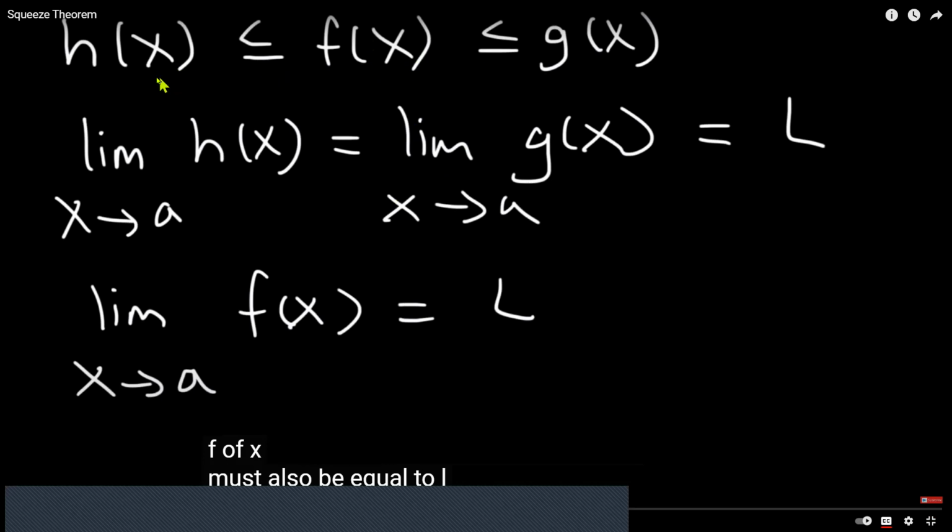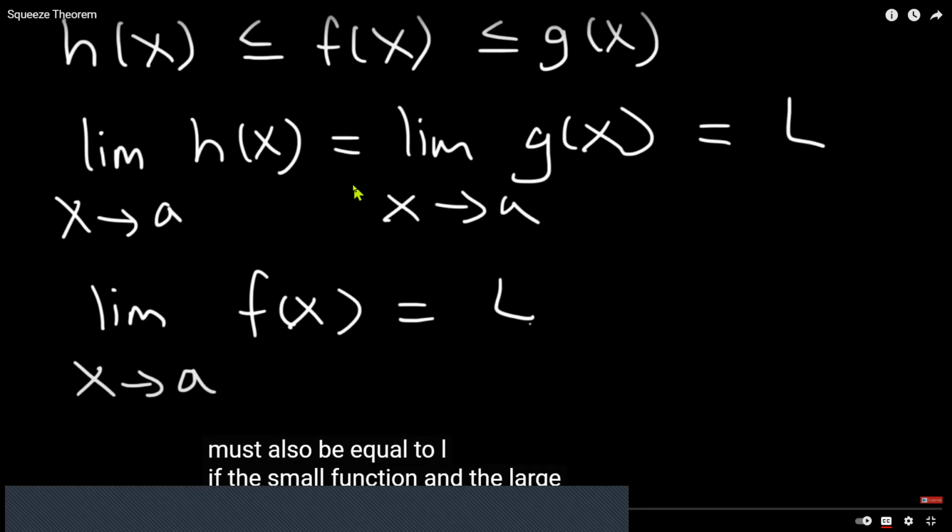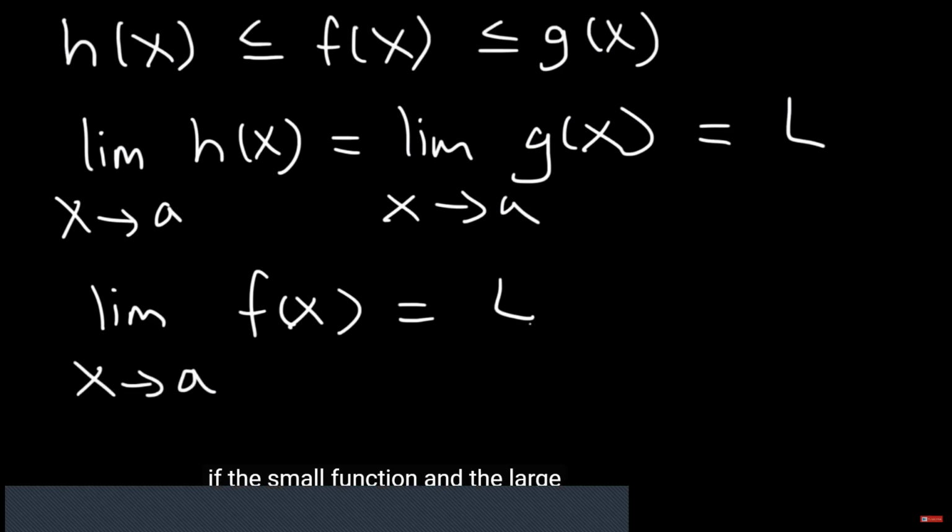The limit as x approaches a of h is some number that I know. The limit as x approaches a of g is also L. F is squished between the two, so f must approach L as well. If the small function and the large function have a value of L, then the one in the middle should have the same limit L. And that's the main idea behind the squeeze theorem.